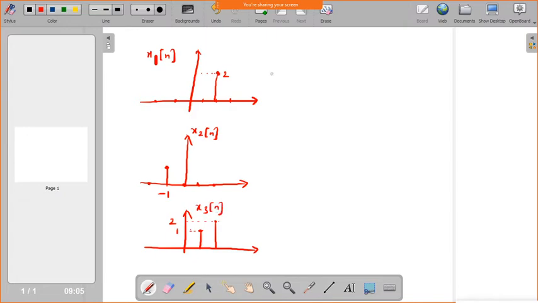Now the system which is given here is already stated in the problem to be time invariant. Time invariant means that if the input is shifted by n naught, the output is also shifted.